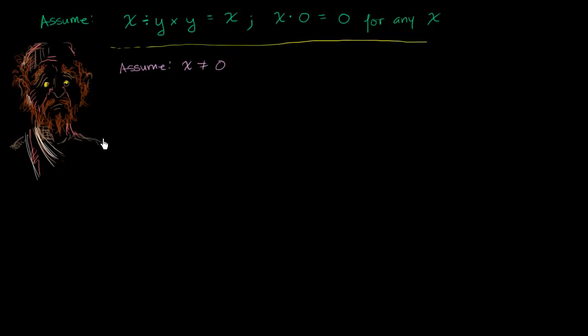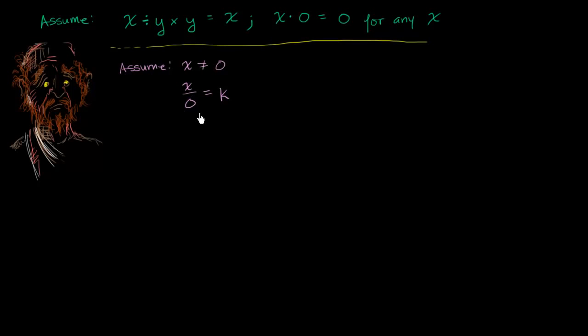Maybe the best way of finding out what x divided by 0 should be is to assume that it's defined and then come up with any results, or maybe I'll even be able to solve for it. So let's say that x divided by 0 is equal to, I'll use a different letter to not get confused with the one up here, let's say it is equal to k.